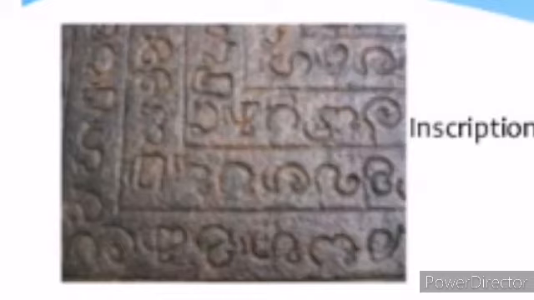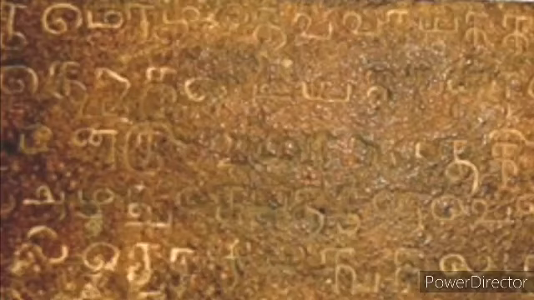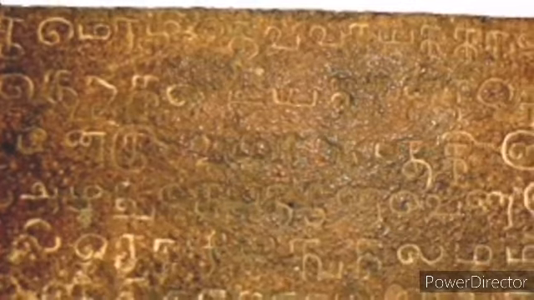The two great example inscriptions of the Chola period are the Tiruvalangadu plates of Rajendra Chola I and the Anbil plates of Sundara Chola. Another important inscription is the Uttaramerur inscription. Uttaramerur is a village in Kanchipuram district.